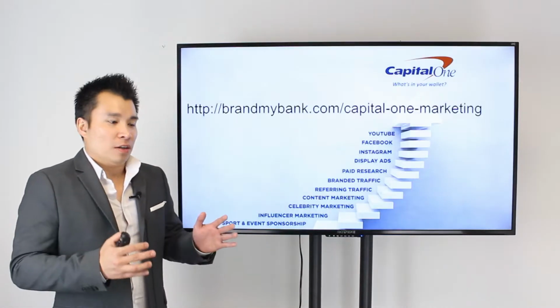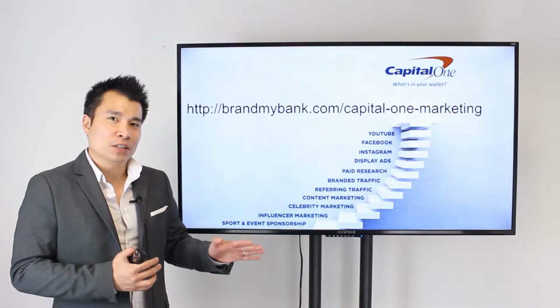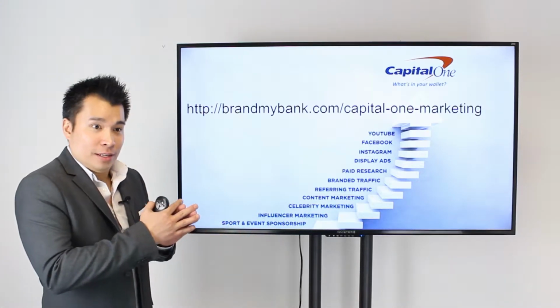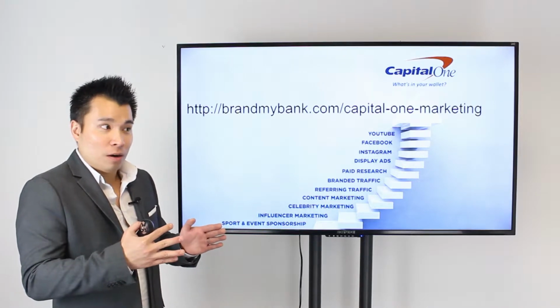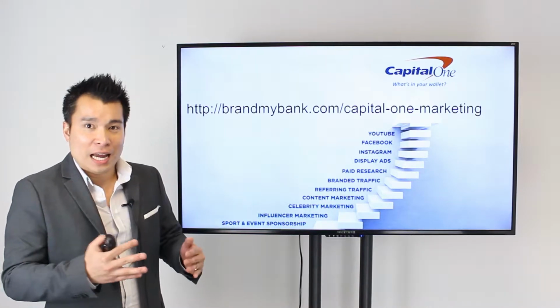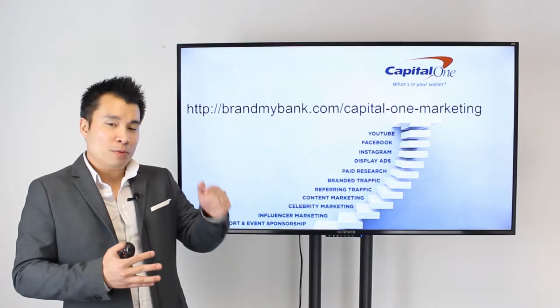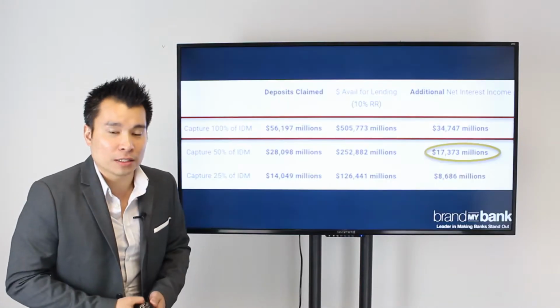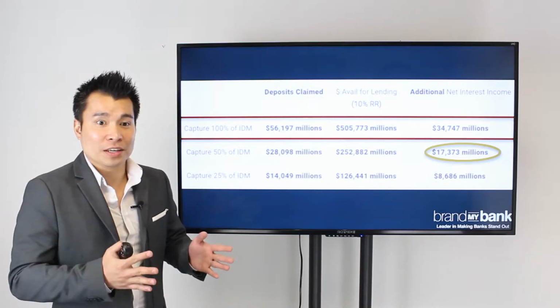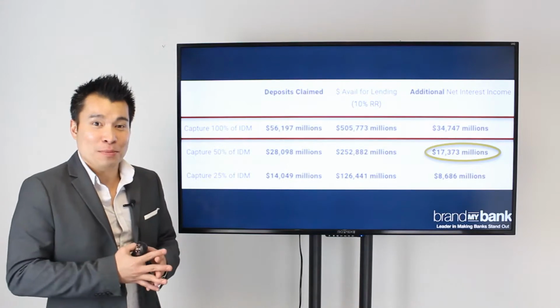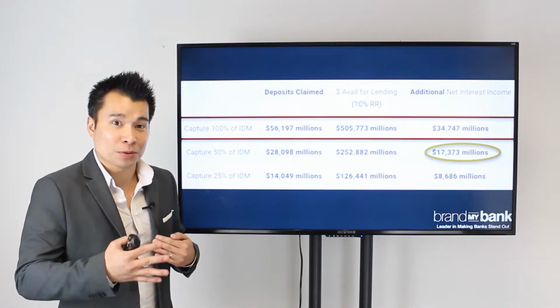So I thought, okay, maybe that just happens for a small community bank. But I realized that this is happening for almost every small bank and big bank. When you check out my blog on Capital One, I also found out that even Capital One is leaving $5.6 billion on the table from their deposit portfolios, right?